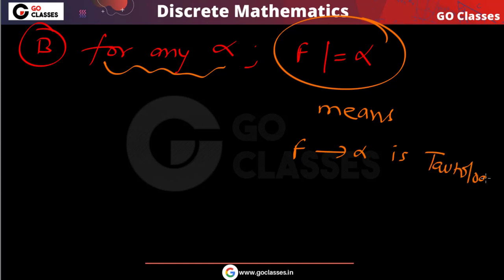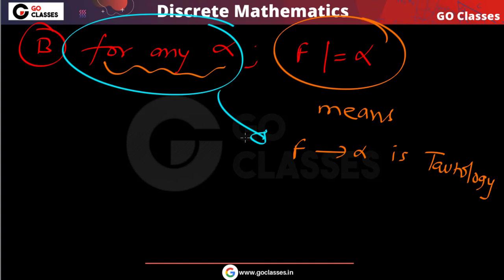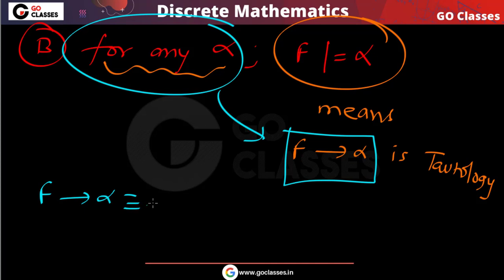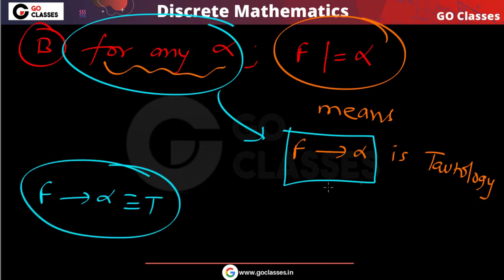So can I say that for any alpha, false implies alpha is a tautology? Yes, definitely, because false implies anything. This is equivalent to true. So I can say this is definitely true.